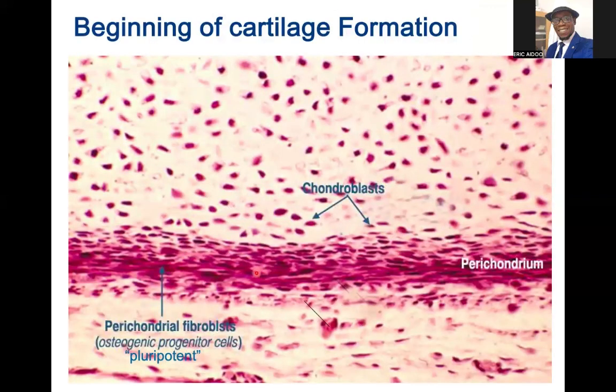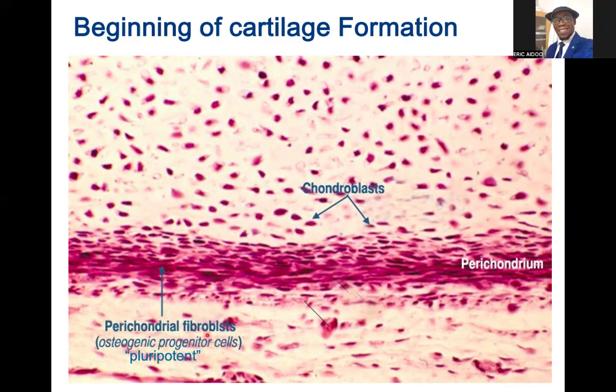So again, we have the perichondrium here, and here you have perichondrial fibroblasts, as I alluded to earlier, osteogenetic progenitor cells, and they are pluripotent.